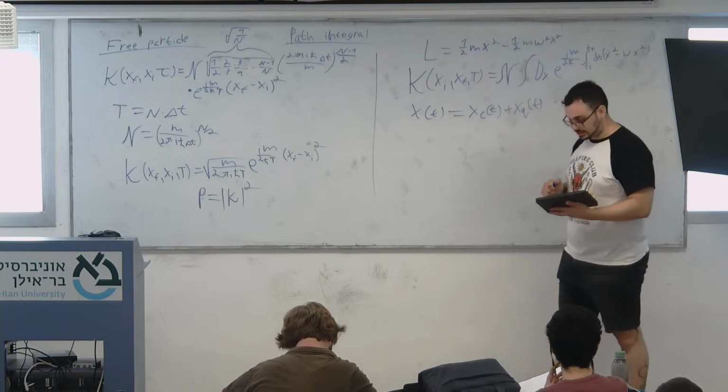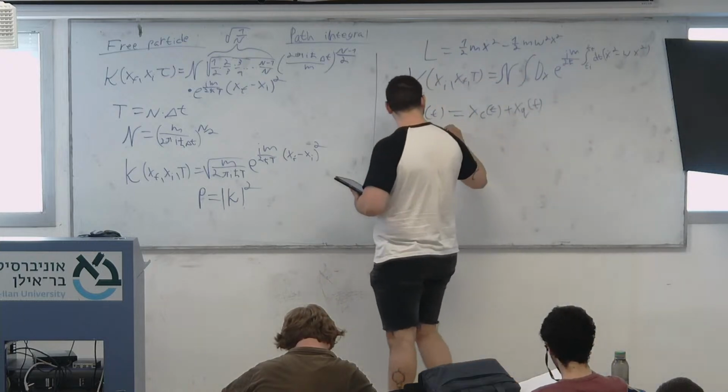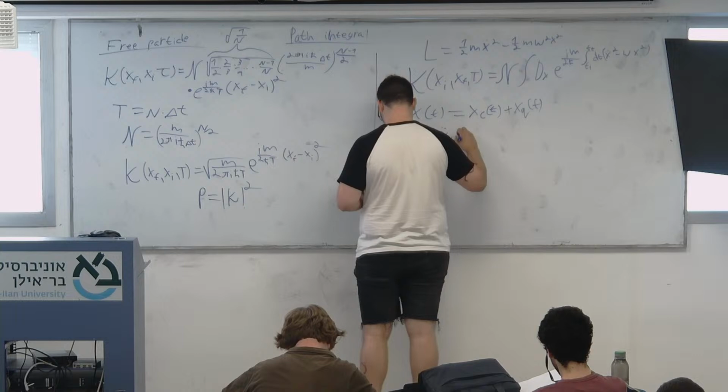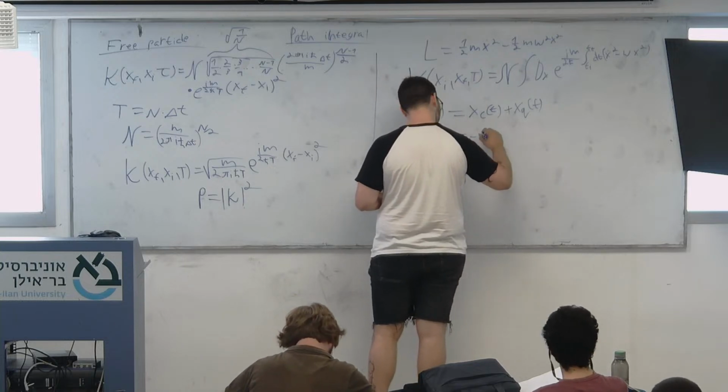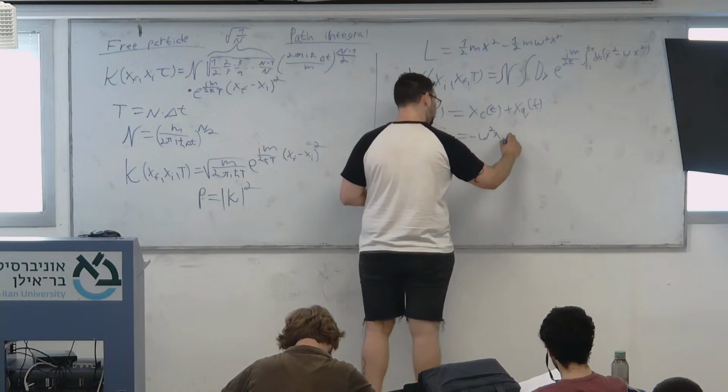Now, the classical solution we already know is x double dot c equals minus omega squared xc.